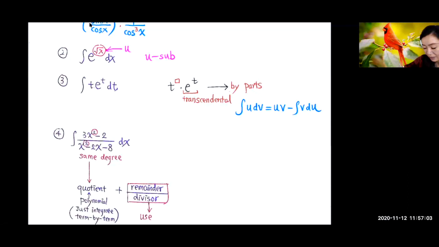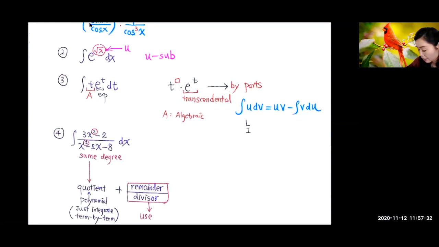This one over here is algebraic, so it is an algebraic function. And this one over here is exponential. Remember LIATE, so we have algebraic before exponential.